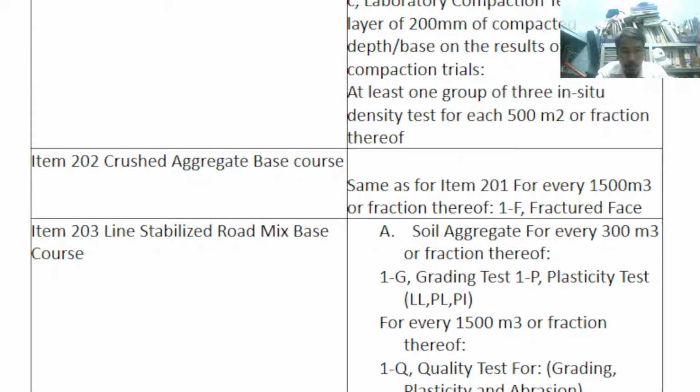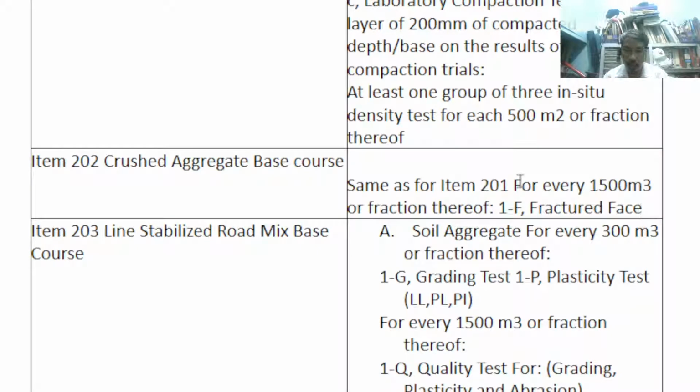For item 202, crushed aggregate base course, same as for item 201. So that is for every 1,500 cubic meter or fraction thereof, 1F. What do you mean by 1F? This is additional to the 4 different tests made on item 201.